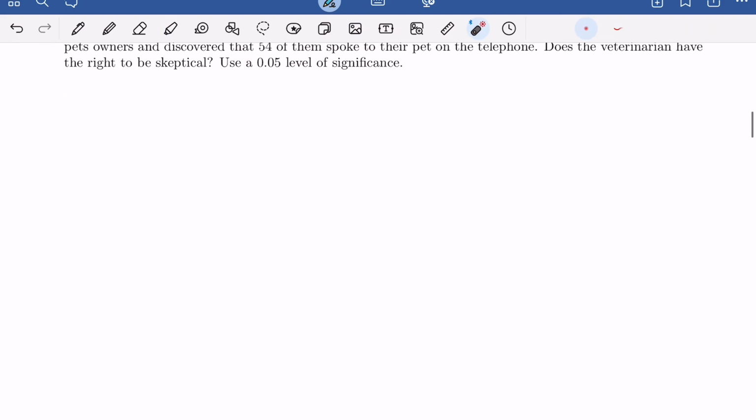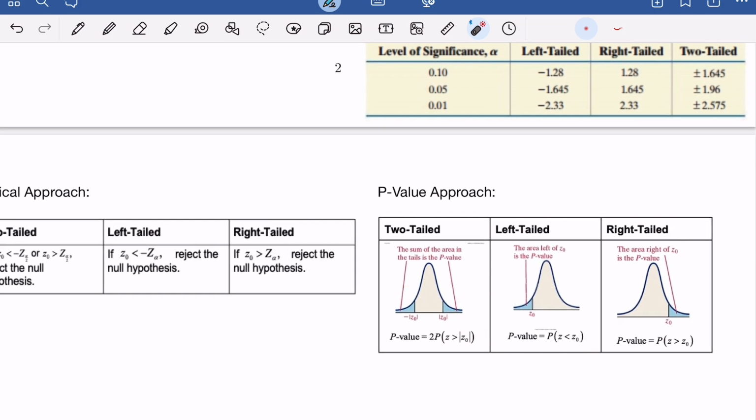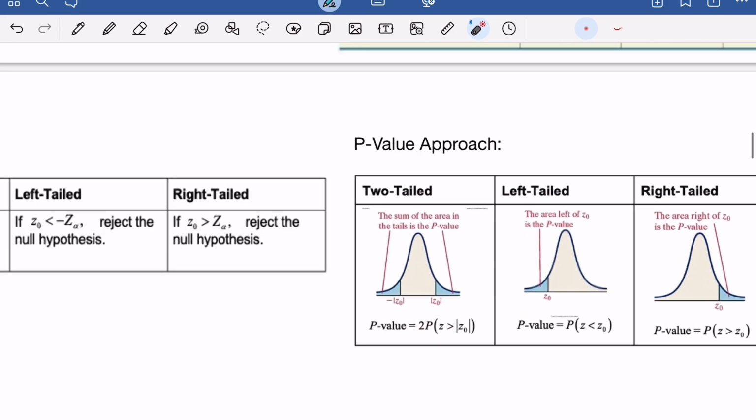So scrolling down to this table that I've pasted in, again from our textbook, we kind of have each scenario here. We're looking at two-tailed, left-tailed, and right-tailed cases for our p-value approach. So as I said, the sum of the area in the tails is our p-value. So in this case, with a two-tailed approach, we're going to be looking at 2 times this probability here.